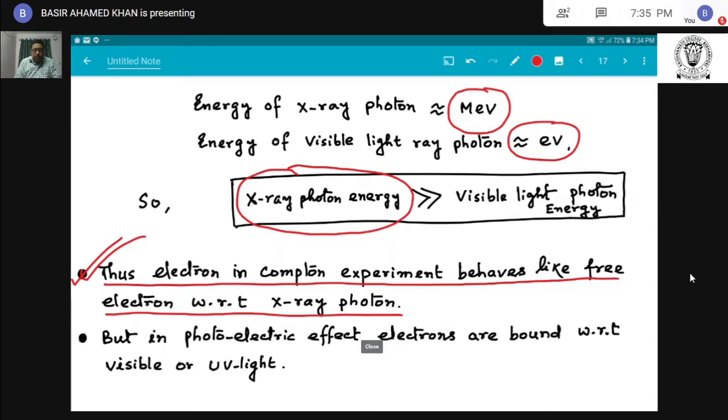But in photoelectric effect, electrons are bound with respect to visible or ultraviolet light photon.